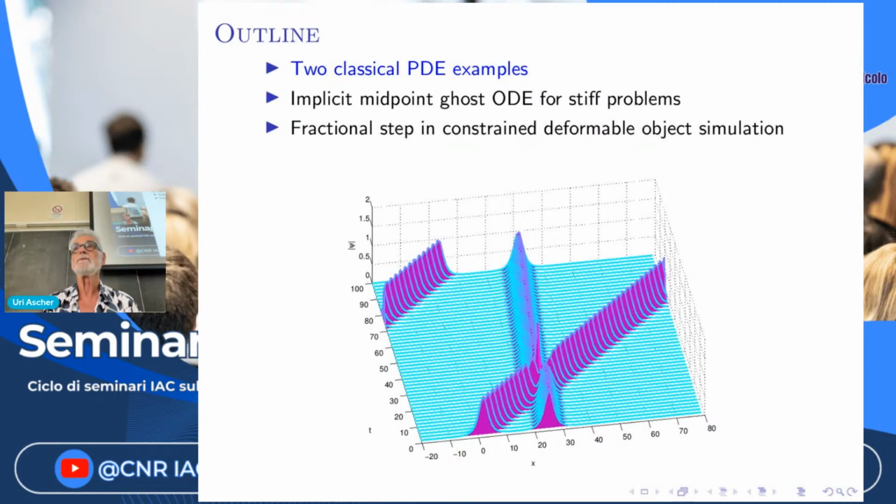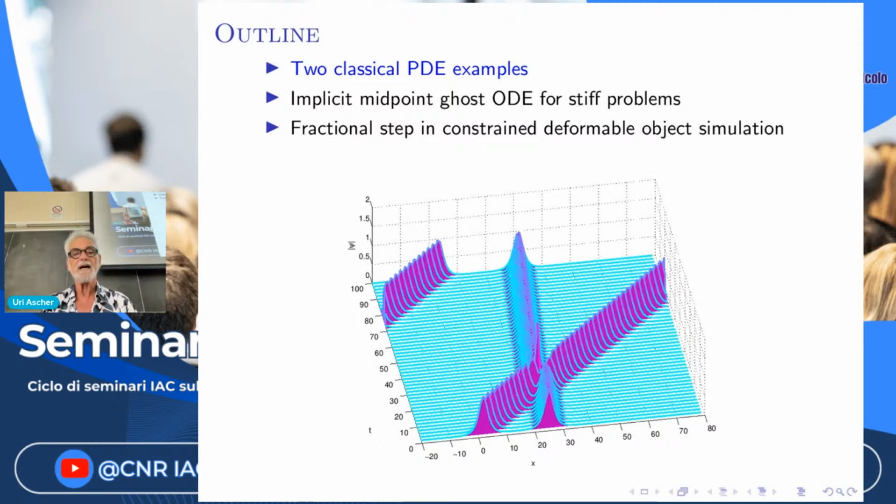I'm going to show you, first of all, 2 classical examples from partial differential equations. You imagine that some people have seen these before. Then I will talk about situations where a particular method called implicit midpoint can suddenly come up with unreasonable answers because of something that I will call ghost ODE.